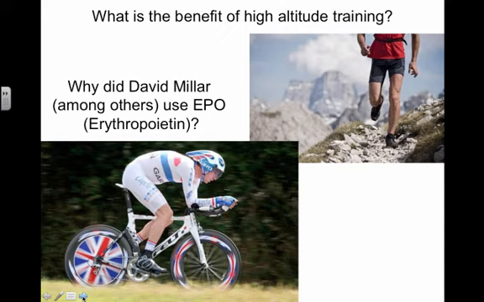So then you have lots of red blood cells, and when you go back down to a lower altitude, because there's a higher pressure of oxygen in the atmosphere when you get lower, you have a greater capacity to move oxygen to your tissues.